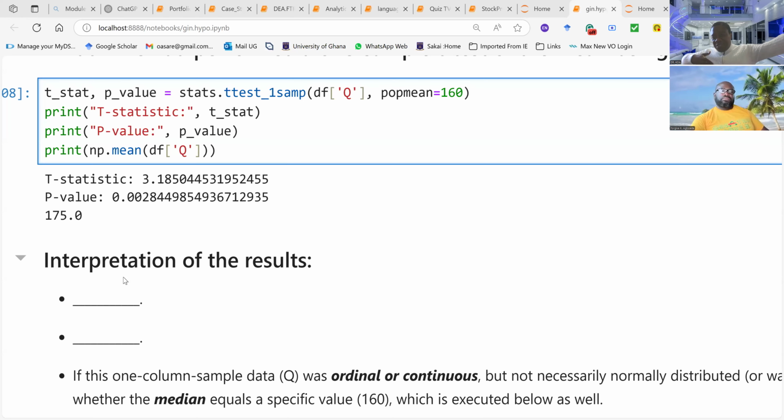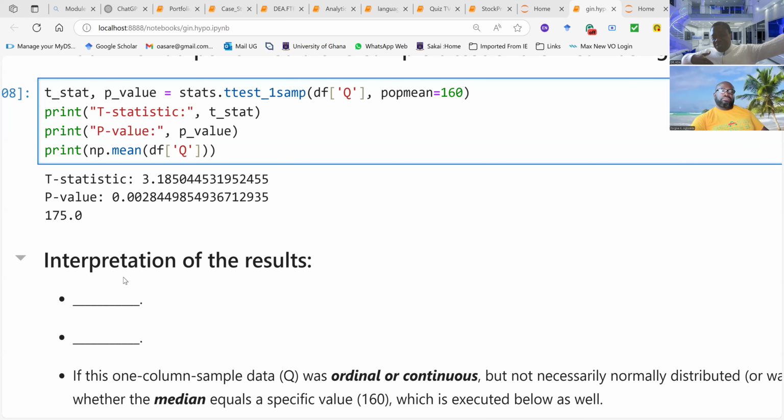That one is kind of opposite to what we normally know. Normally for most tests, you rather want the p-value to be smaller.